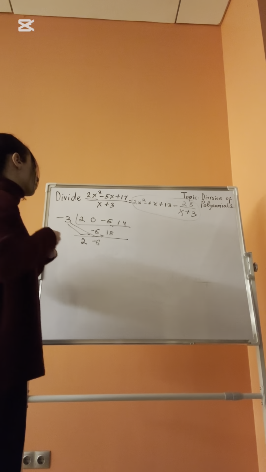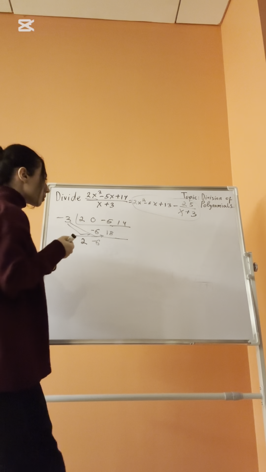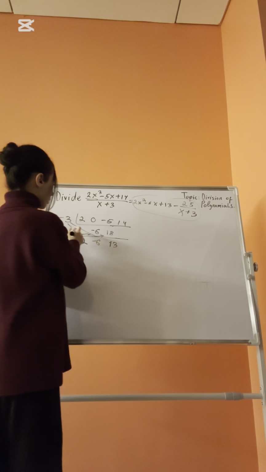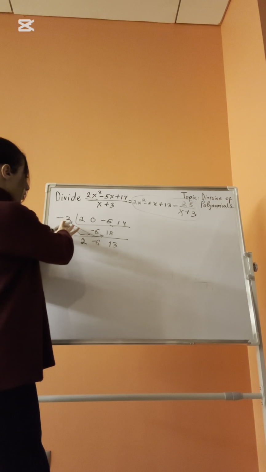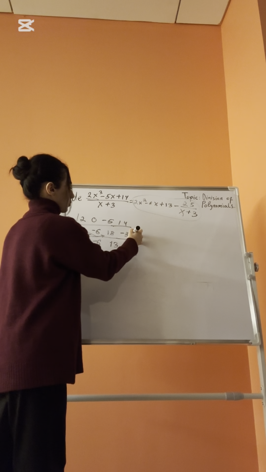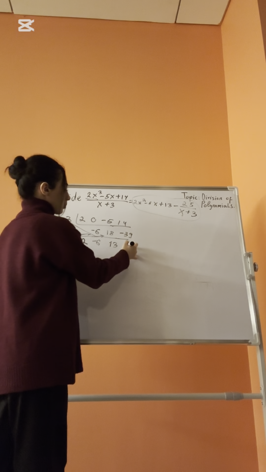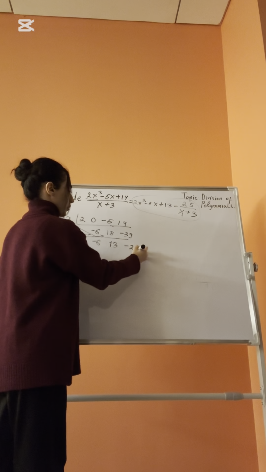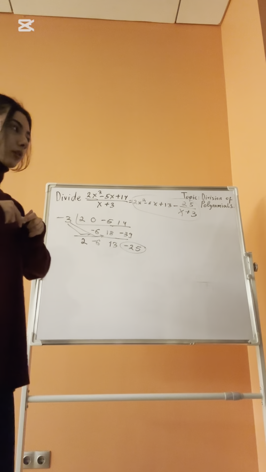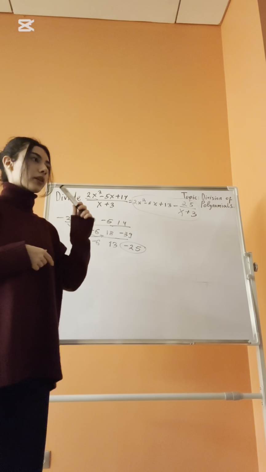So then we add minus 5 to plus 18 and we get 13. Then the next thing, multiply 13 by minus 3, we get minus 39, write it under 14, and then after adding them, I got minus 25. And here, the last term that we got is the remainder, just like it was in long division.